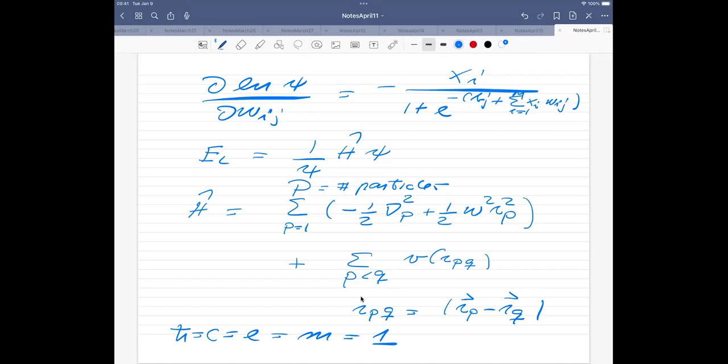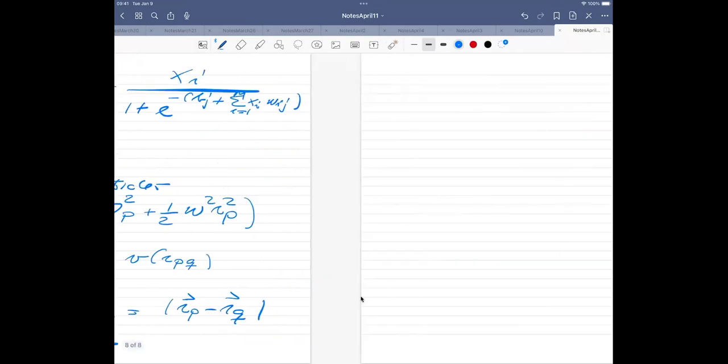If I plug this in, you see that we are going to assume that this one does not change the wave function when it's acting on it. Same with this one. So the only problematic term is actually this one. If I look at the local energy then, it is going to look as follows.